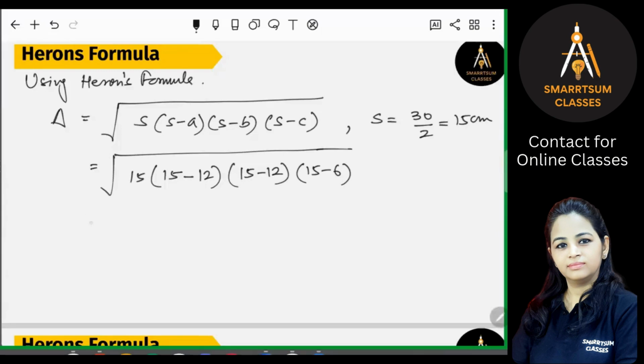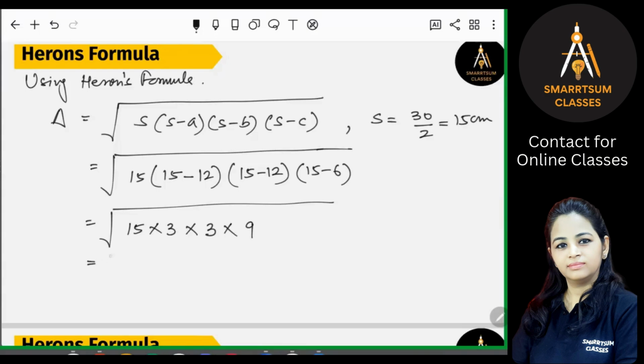So now we have put the values of S and all the three sides which we have calculated. Now simplify it further. 15 into 15 minus 12, 3, 15 minus 12, 3, and 15 minus 6, that is 9. Okay, so we have done this.